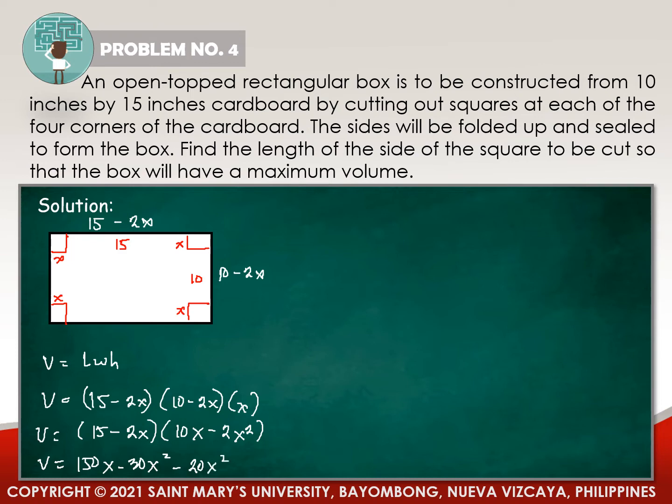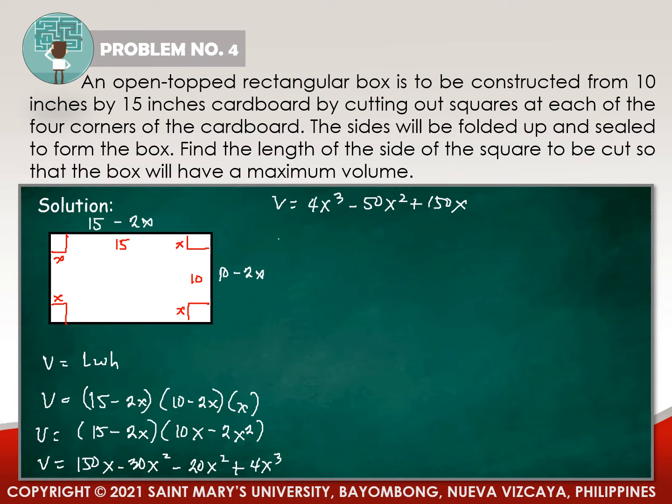And negative 2x times negative 2x squared is positive 4x cubed. So, therefore, we have V is equal to 4x cubed. I-arrange lang natin. Then, negative 30x squared minus 20x squared is negative 50x squared. Then, plus 150x. So, yan yung expression of volume: 4x cubed minus 50x squared plus 150x.